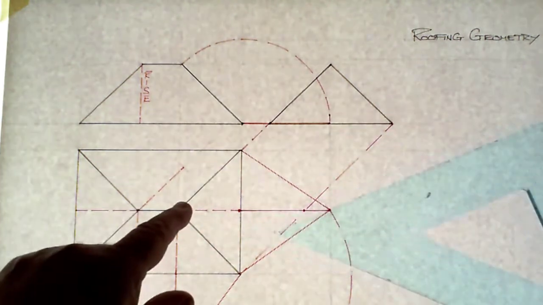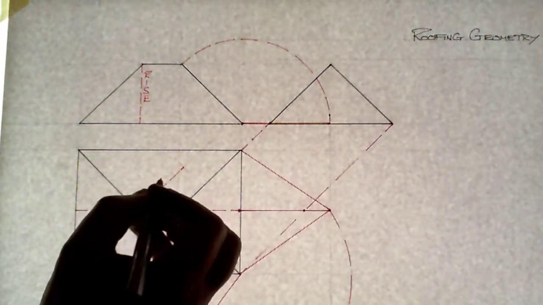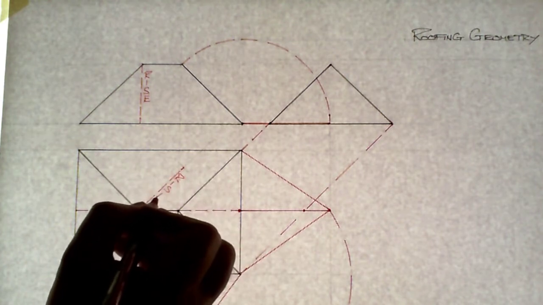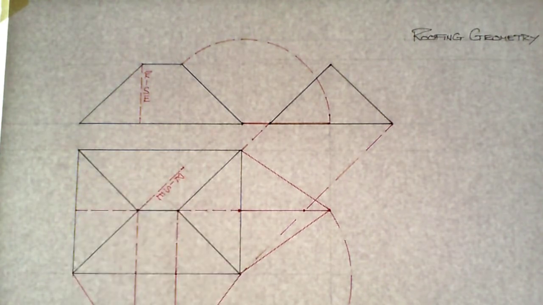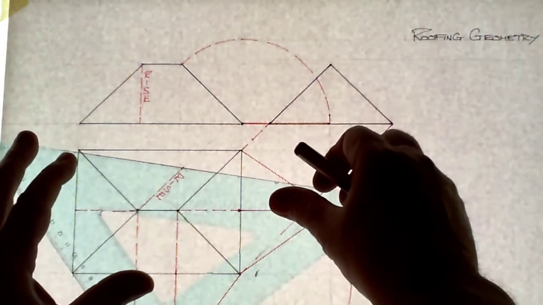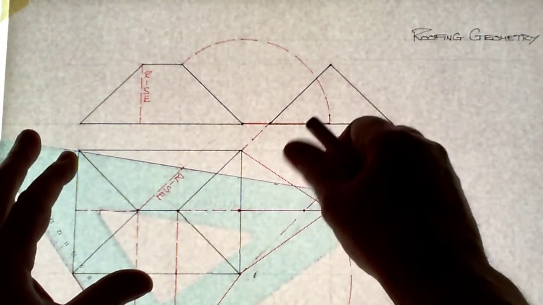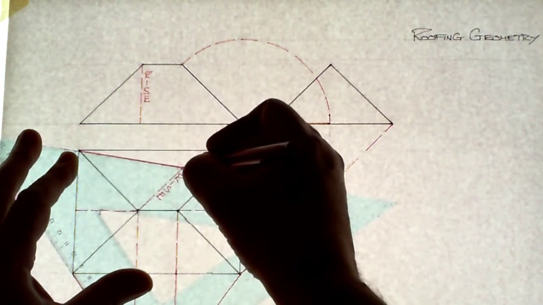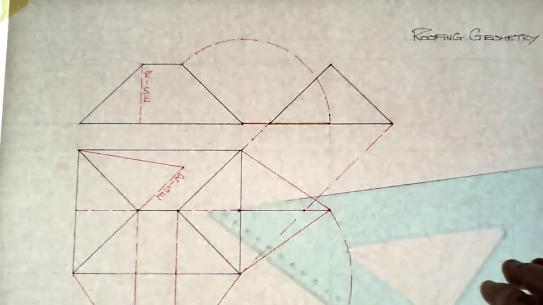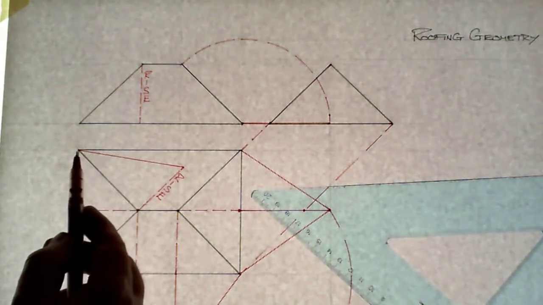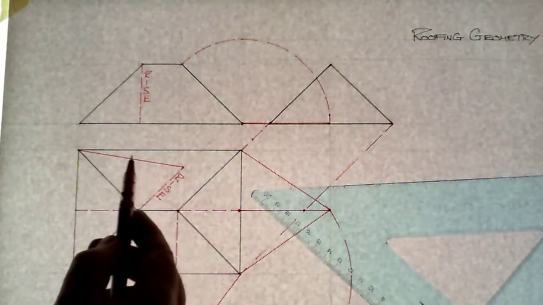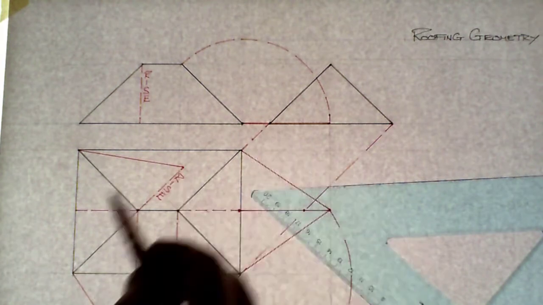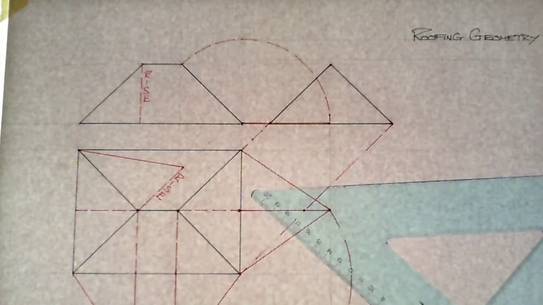So that there is my rise. And I'm going to bring that point, top of the rise, back to the corner point here. Now, this gives me the true length of the hip. So that length there is the same as here, here, here, here. It's all the same length, true length of the hip.